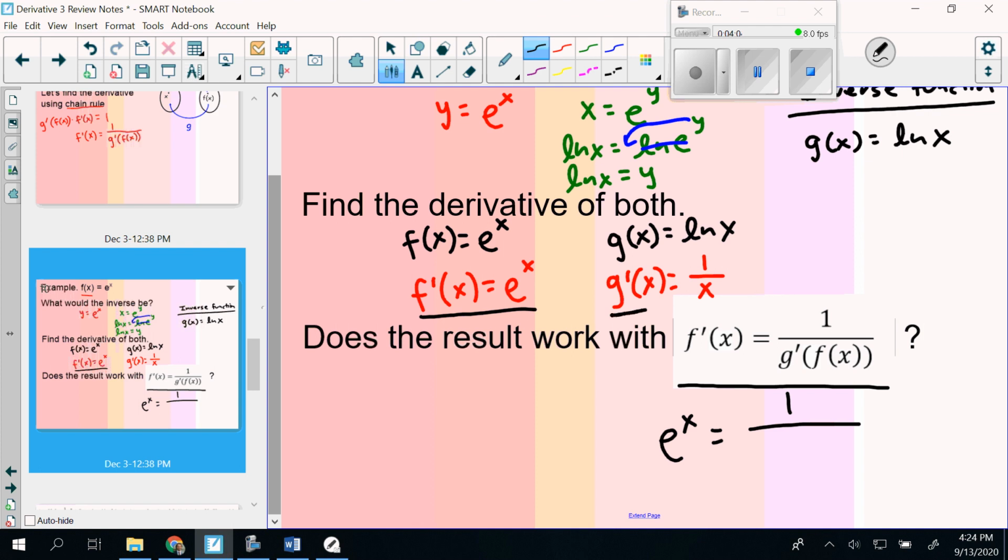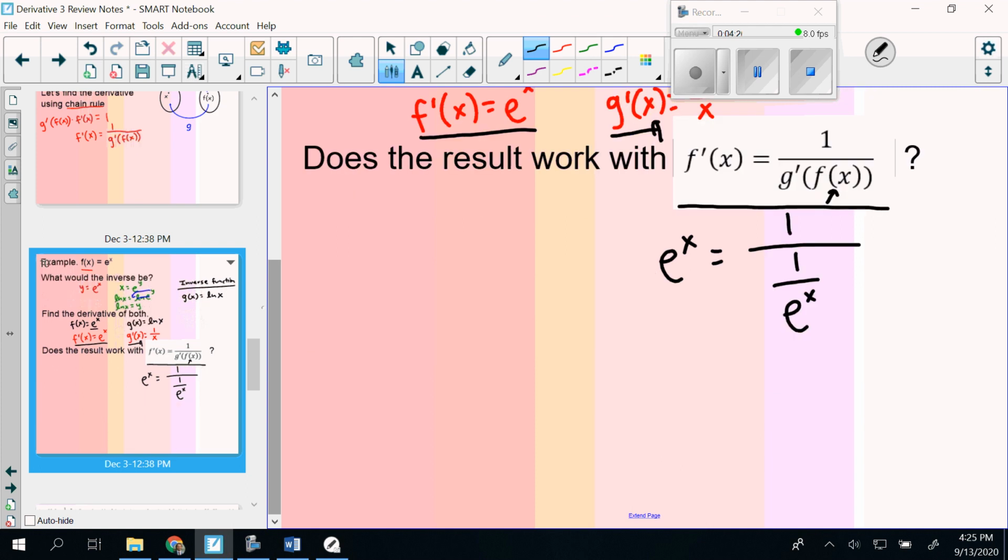So I'm seeing here, here's the derivative of g at f of x. So if we're doing derivative of g, that's going to be 1 over whatever is in here, which in this one is f of x. So what's f of x? e to the x. So we would end up with this.